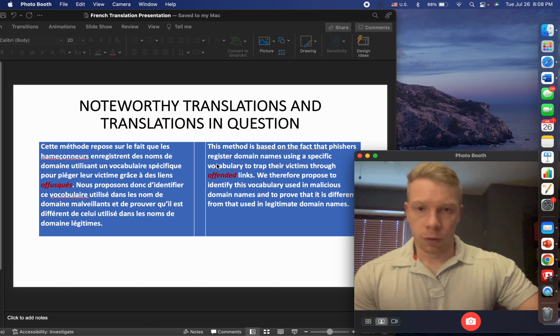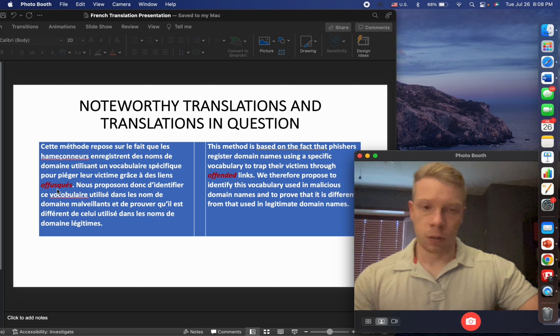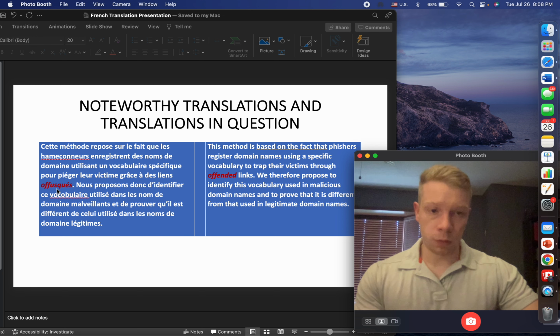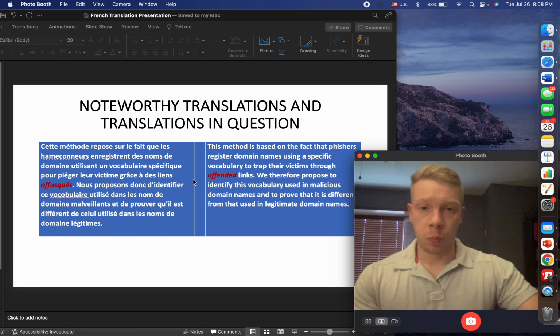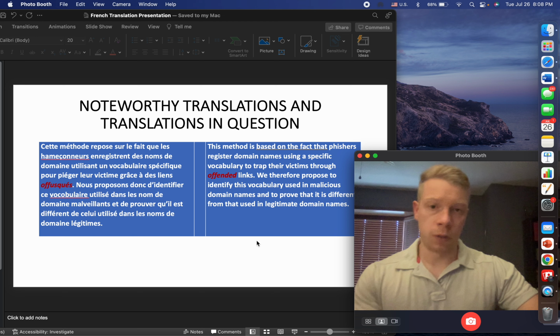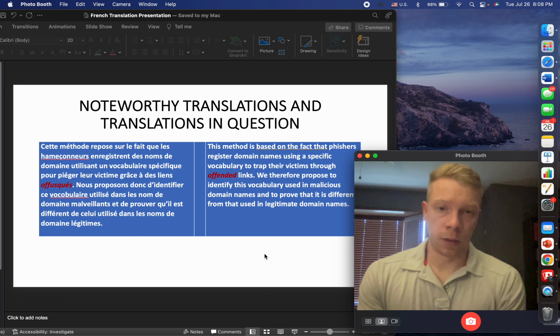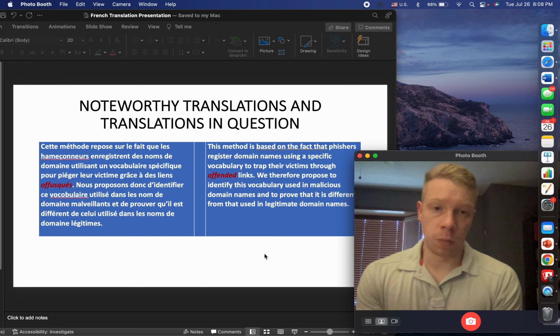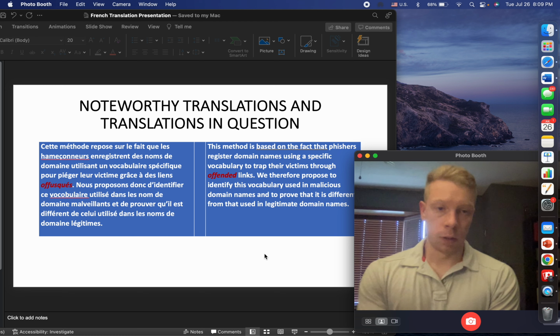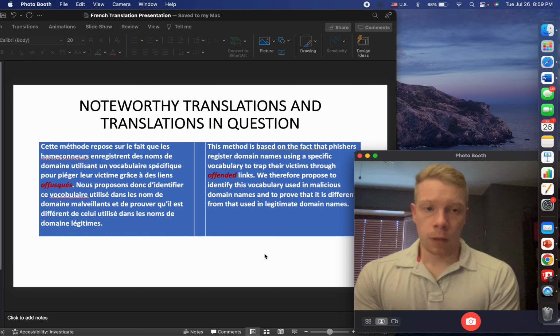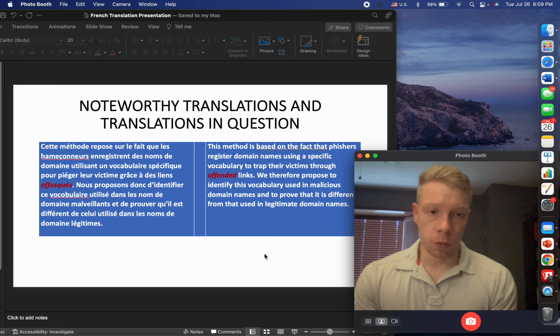So we see here that this infinitive translates as to offend. But in the English translation, we see that this method is based on the fact that phishers register domain names using a specific vocabulary to trap their victims through offended links. Really, they trap their victims through embedded links that are designed to con people, to be a spoof.